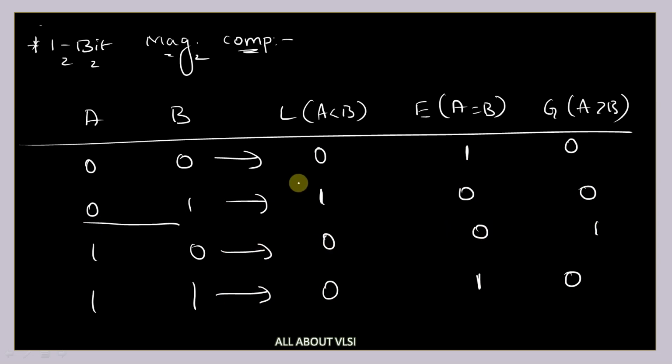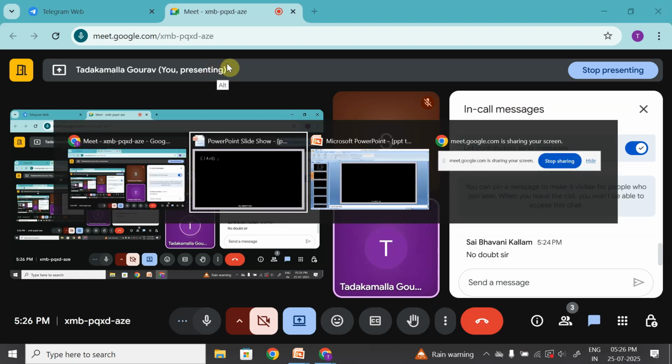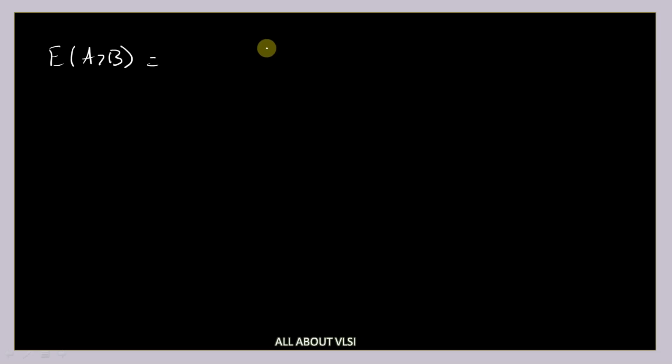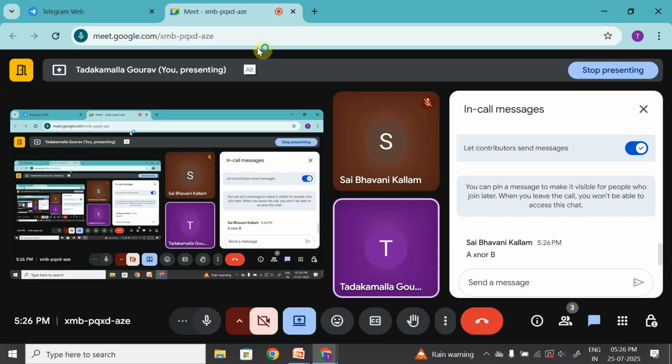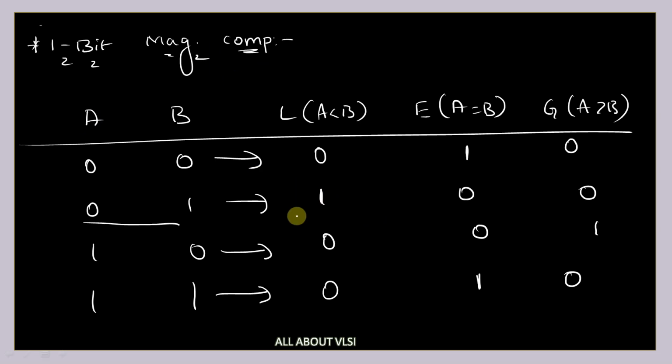Can you tell me the Boolean expression for equal to? Which gate can we use for finding out whether the two inputs are equal or not? A XNOR B. We can take a simple XNOR gate. And what may be the equation of less than?